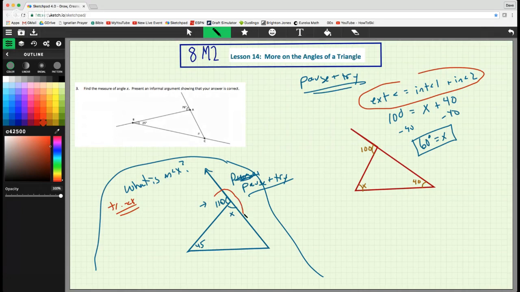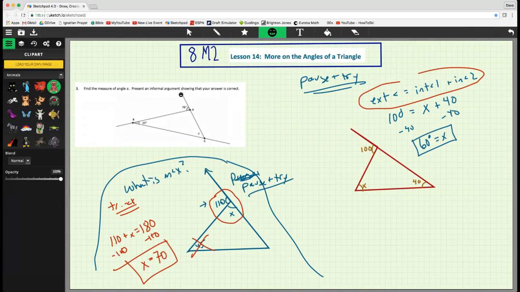Oh wow, I have a linear pair right here. So we know that 110 plus X equals 180. We don't need to know this, it's extra information, unneeded. So if we subtract 110 from both sides, we get X equals 70, and we are done.